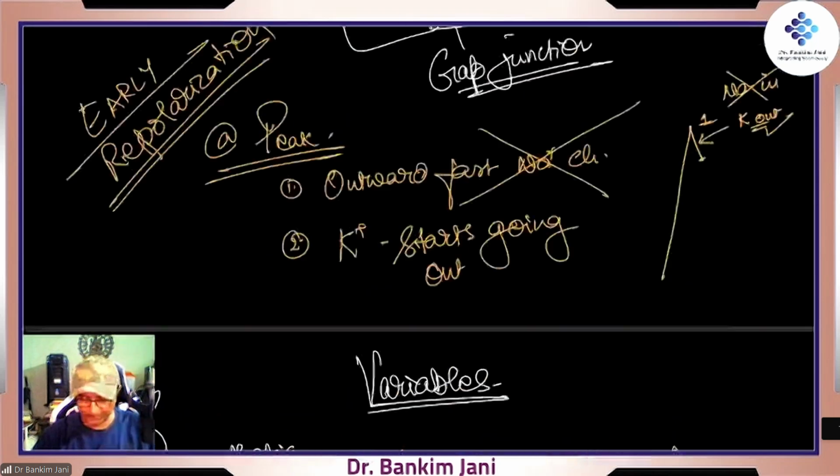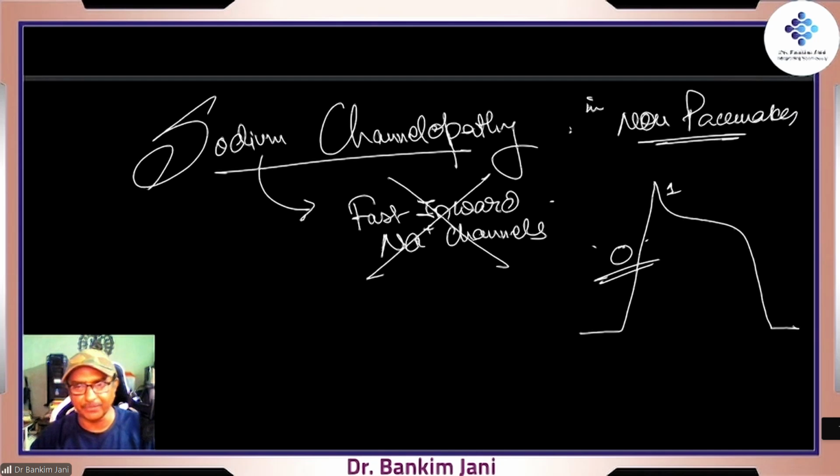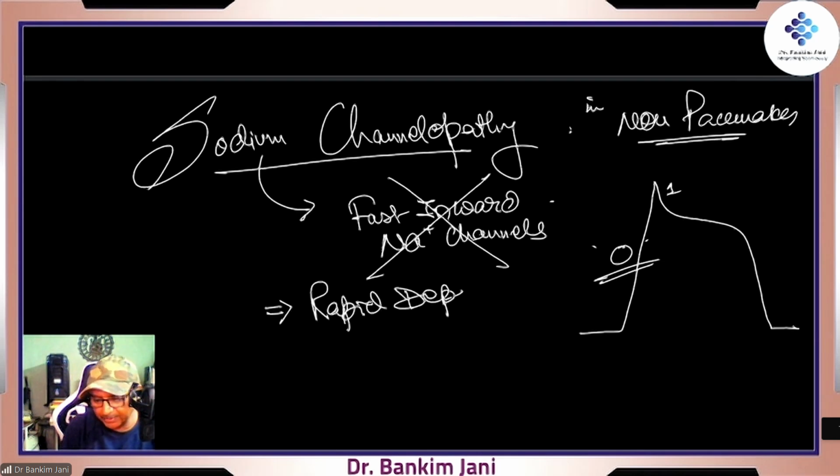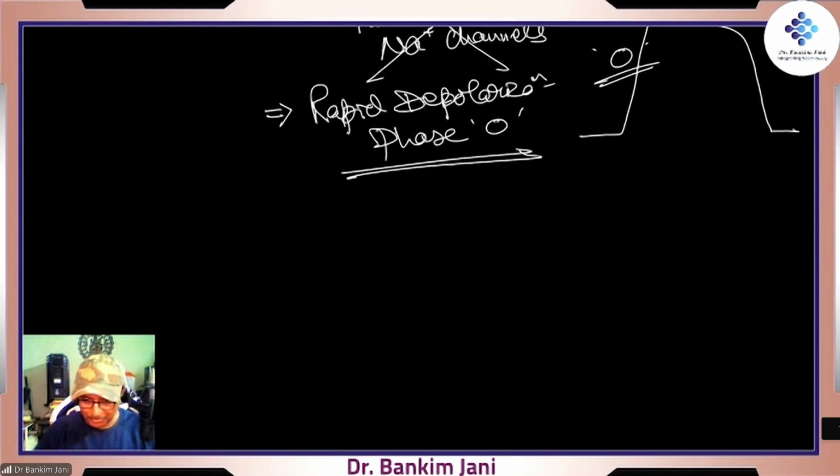This is where it affects. The questions are not difficult. When it is asked which phase, it is the rapid depolarization, so this is phase 0. That is affected. Simple.